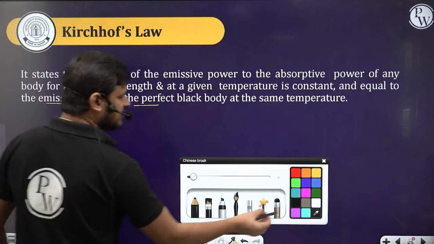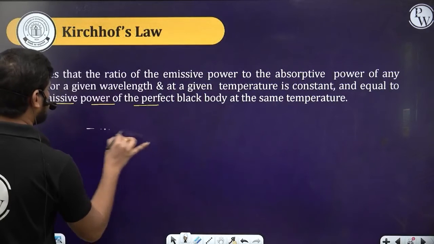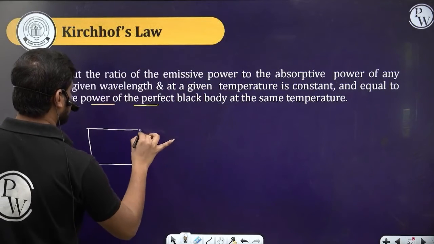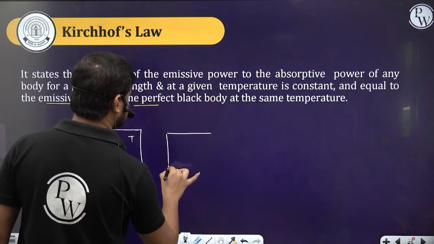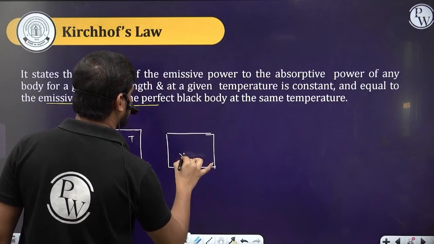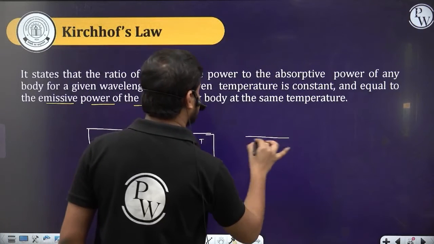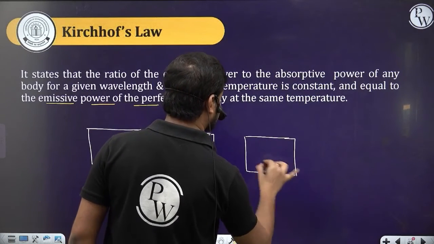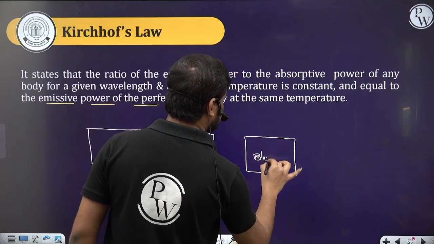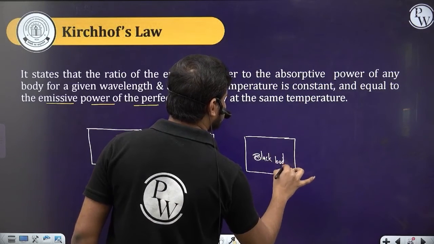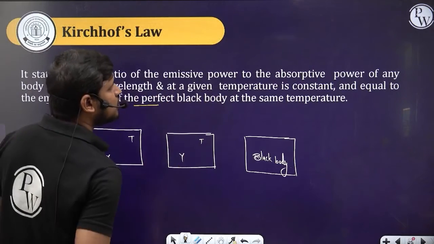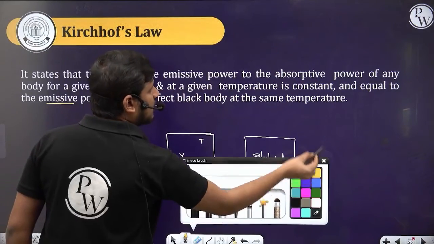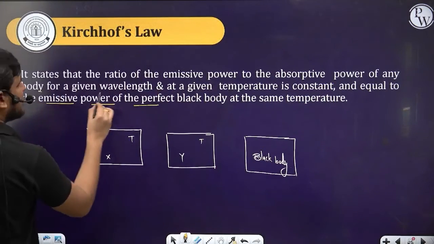So what does that mean? Let's say there is X body and there is Y body at temperature T, and there is a black body. Kirchhoff's law says the ratio of emissive power to the absorptive power of any body for a given wavelength.